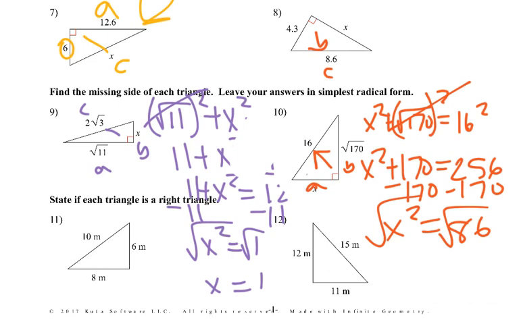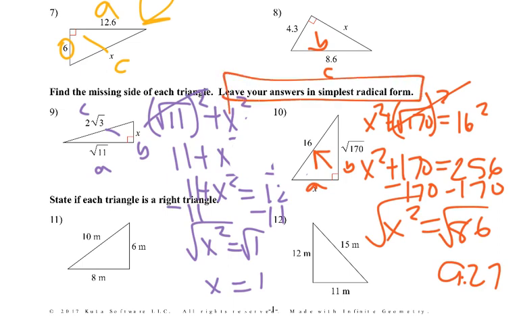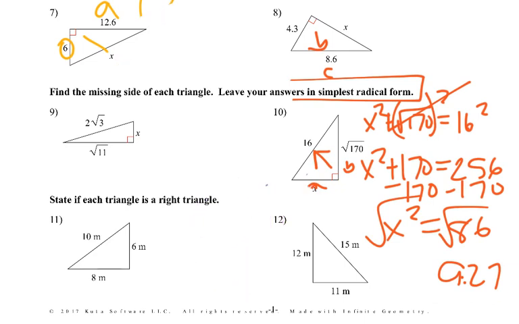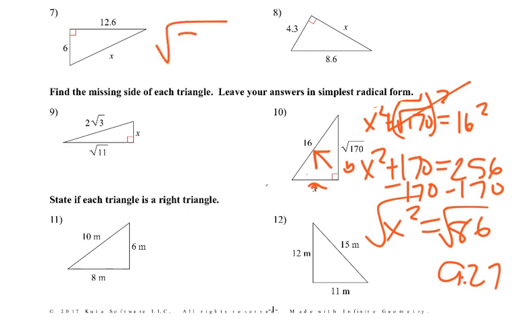Okay. Now, for this one, the square root of 86 is actually 9.27, but they want it left in simplest radical form. So let me show you what that means. You're going to have to factor down and figure out what pieces you can pull. So what I mean by that is square root of 86. We want it to become some numbers inside here. And if there's two of them, because a square root is two things multiplied together, that'll give you the information that you need.